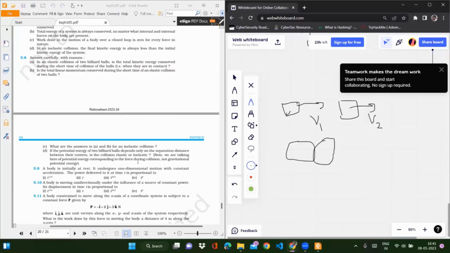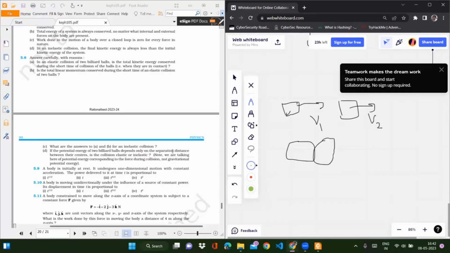Now the D part says, if the potential energy of the two billiard balls depends only on the distance between their centers, is the collision elastic or inelastic? Note, we are taking the potential energy here. During the contact when the collision is there, there will be elastic potential energy.